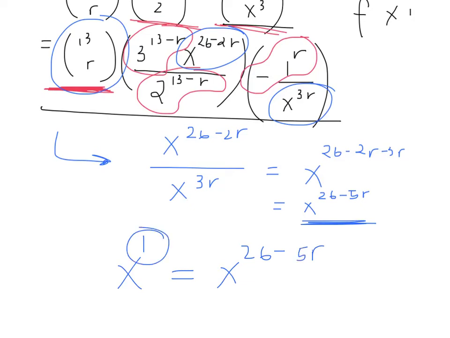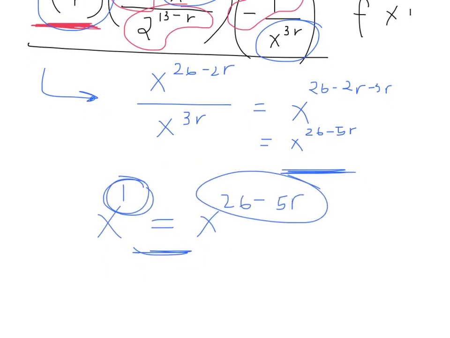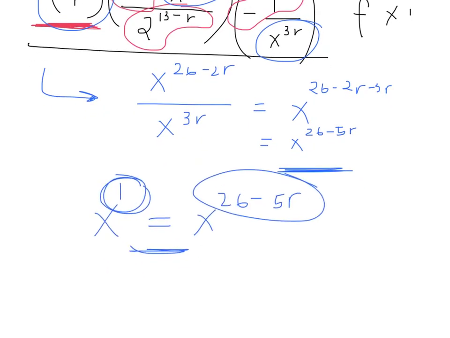They will be the same. 26 minus 5r is equal to 1.